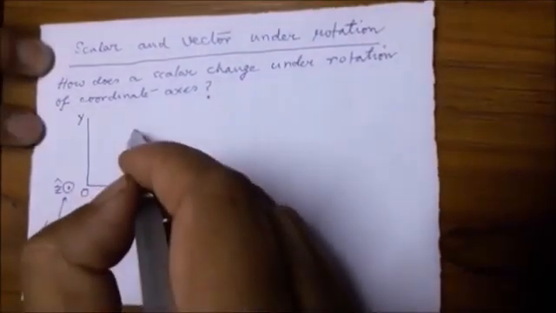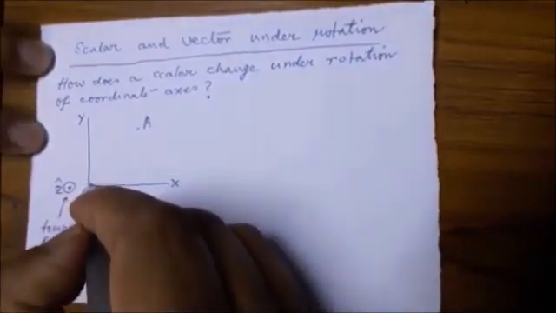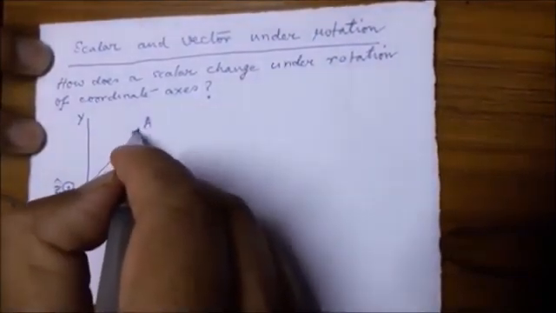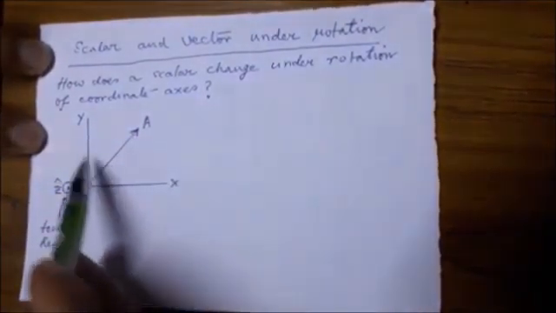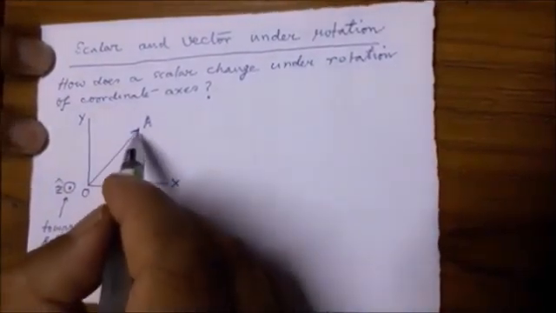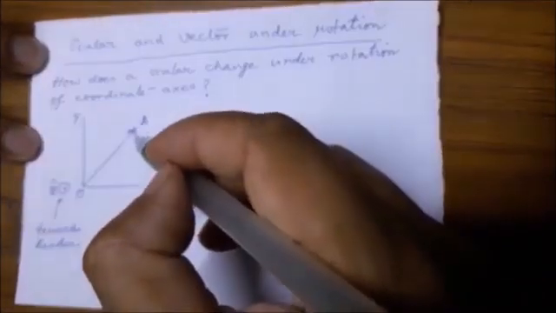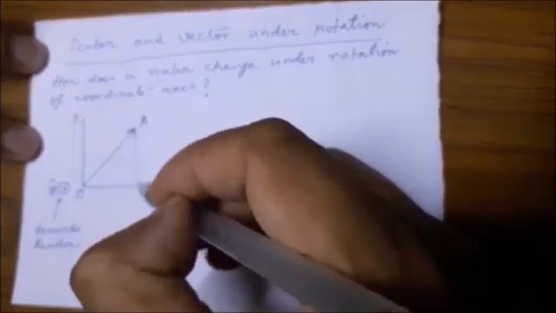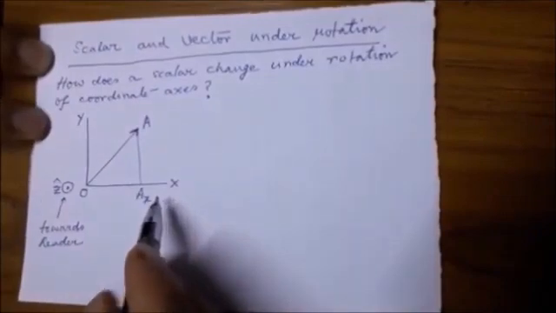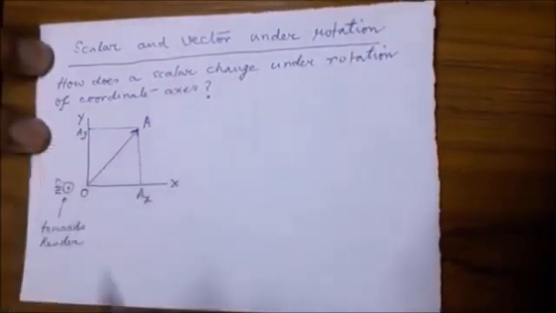Let us consider a point A and let us join OA. And therefore a vector OA is defined with respect to this coordinate system, and this vector OA has a projection of AX along x-axis and AY along y-axis.